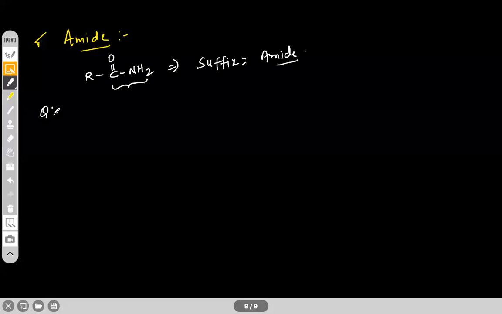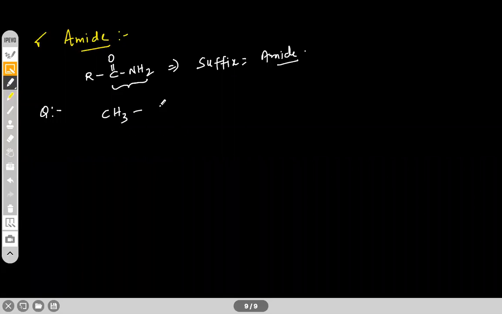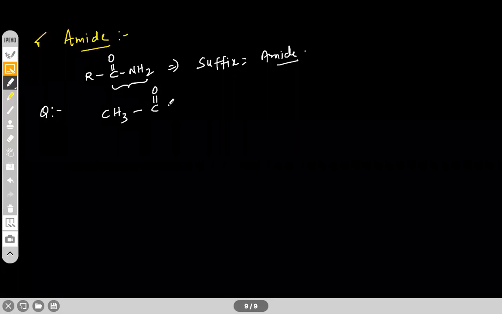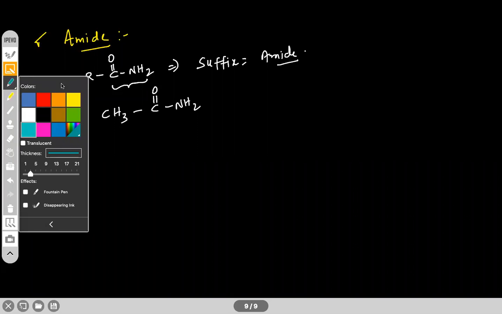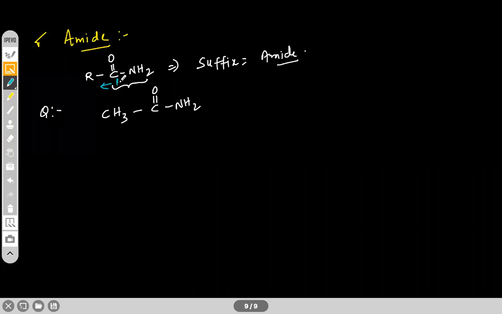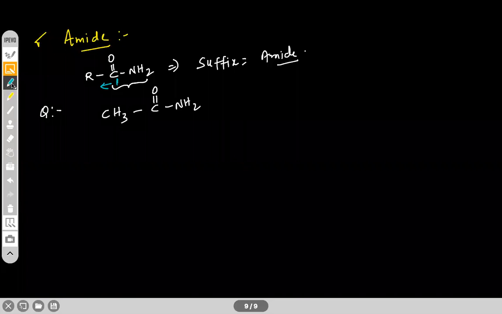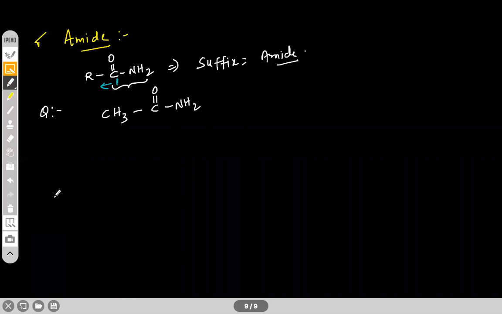See this example. CH3 C double bond O NH2. One more thing here, that we again will start numbering from this carbon atom. One, and then this side we have to go. CH3 C double bond O NHCH3.